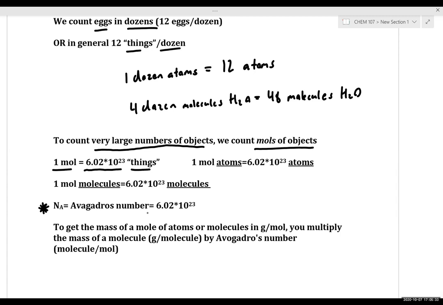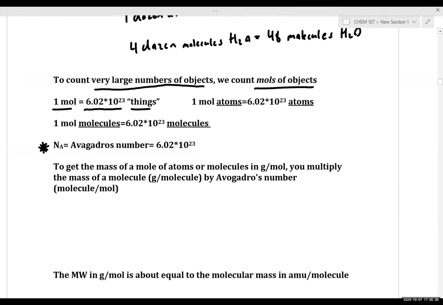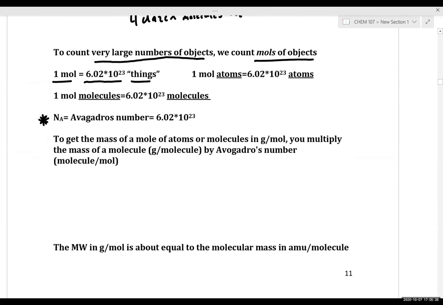Now, one thing that's really useful about the idea of a mole is that if we think about the mass in terms of AMU per atom, we can convert it into the mass in gram per mole. We can develop a relationship between the molar mass written in AMU per atom and gram per mole using unit conversions.